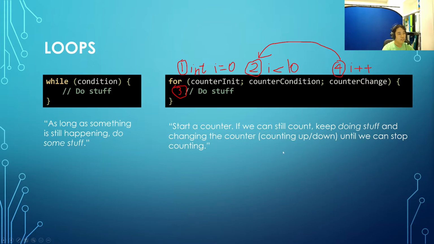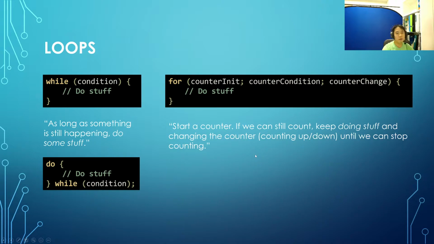All right. Another thing we also have is do while. What do while does is it runs the do stuff first before it checks for the condition. One thing to note is to not forget the semicolon for do while. Has anyone actually messed up and forgotten the semicolon for this one? You can tell me, there's no shaming, because everyone makes mistakes.